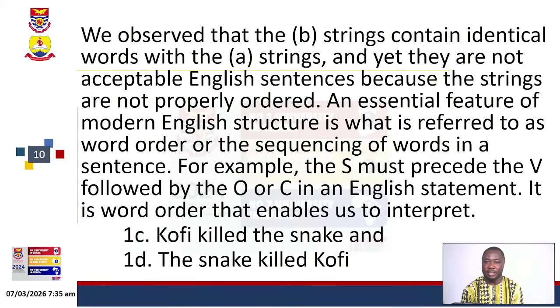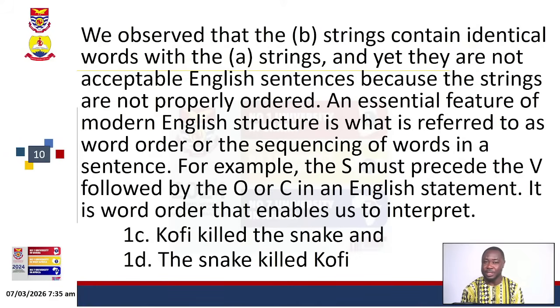If you have a sentence that is saying something, stating a fact, telling a situation, it's a statement, and the order must be subject, verb, object, or complement. It is word order that enables us to interpret the meanings of our sentences or constructions. In 1C, Kofi killed the snake, and in 1D, the snake killed Kofi.